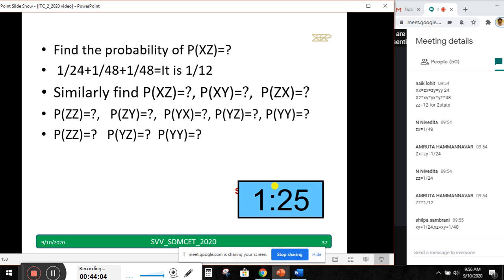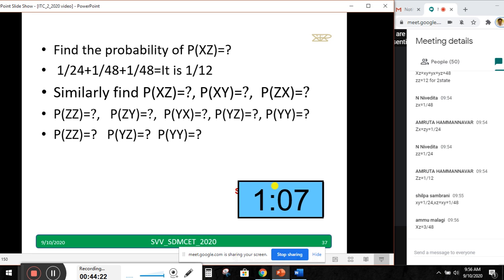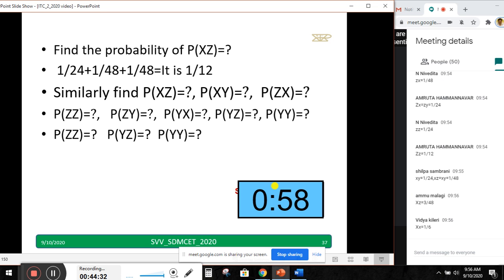I think Shilpa typed XY, XZ, XY probabilities. XZ 3 by 48, Ammu, she has typed 3 by 48.